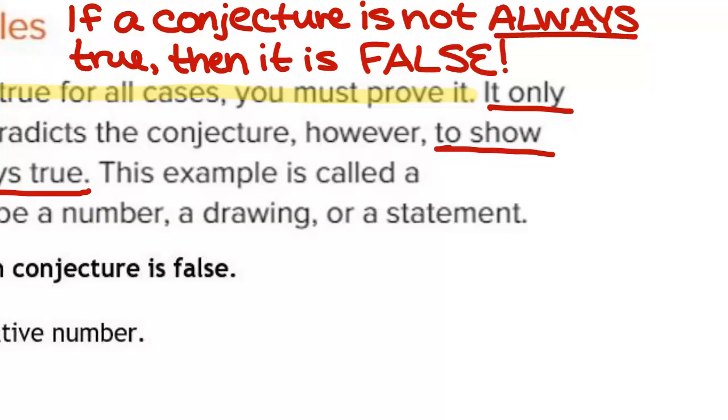If a conjecture is not always true, then it is false. So, when I'm reading a conjecture, if I can think of some situations where it's true, that does not make the conjecture true. If I can think of even one place where the conjecture is false, then the whole conjecture is false. It has to be an always true statement to be true.